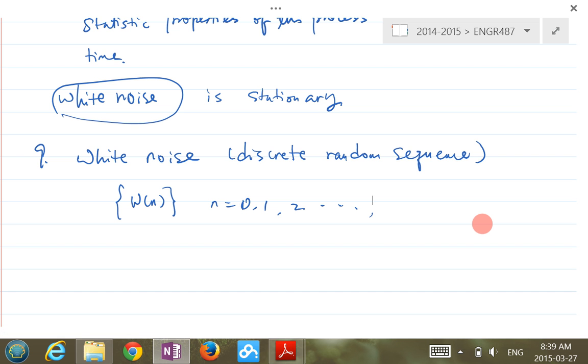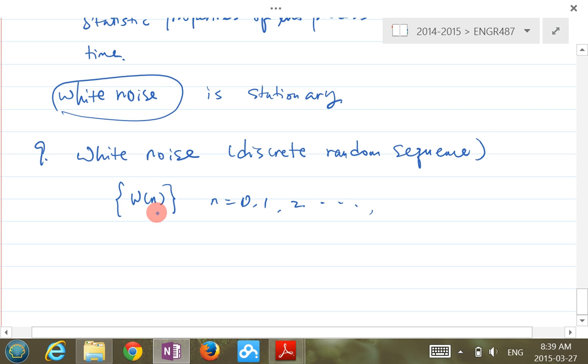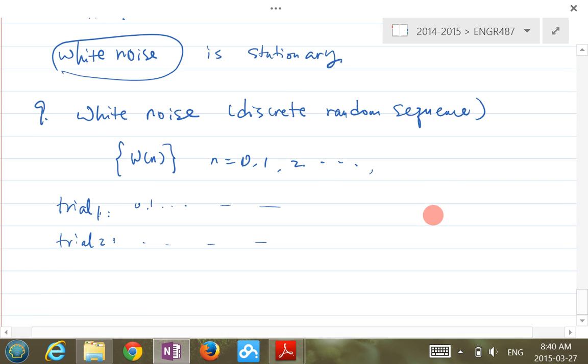The way you generate it is, in the first trial, you generate, say, 0.1, and then in trial number 2, you generate another one. So you can imagine this is W0, W1, W2.